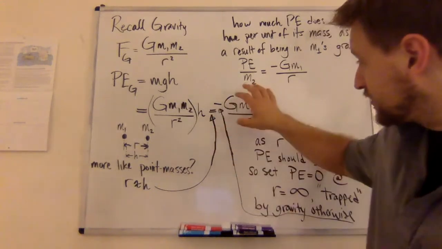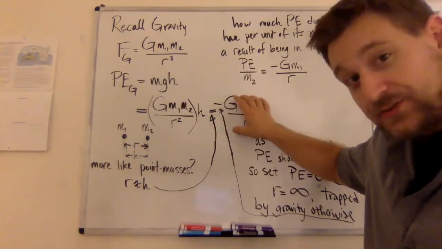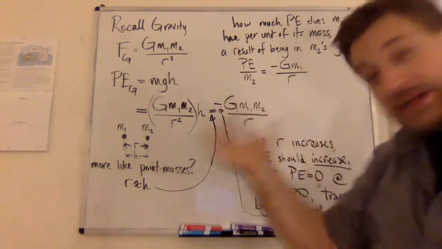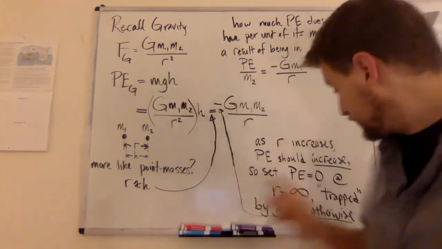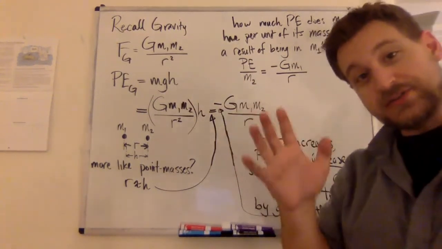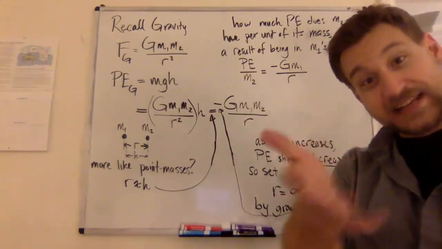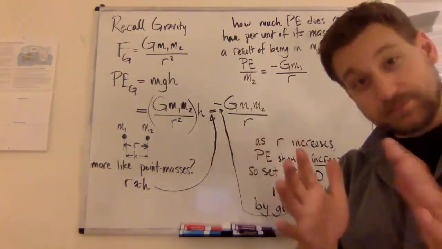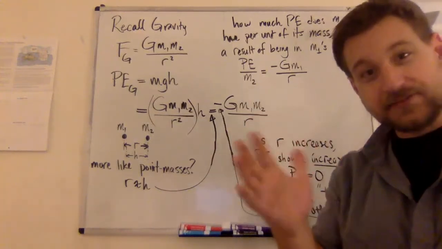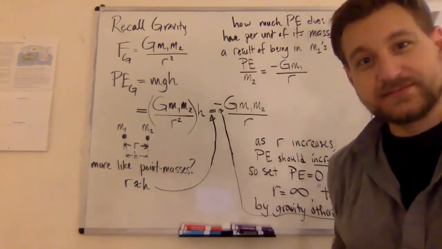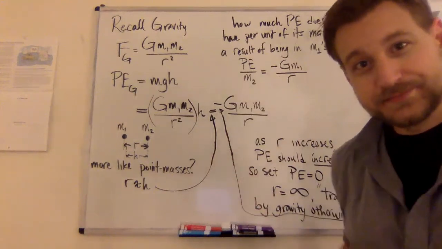So we've got a larger magnitude, negative number. We start really far away, we have 0. We get a little bit closer, now we have -1. We get a little bit closer, now we have -2. We get much closer, now we have -3,000. We get really close, now we have really large negative.